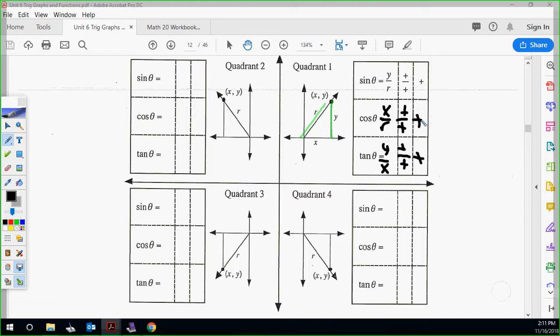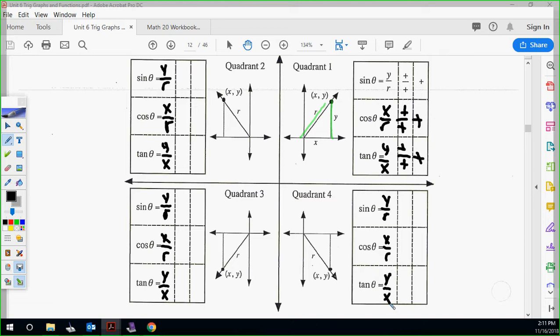I'm just going to go through and write these ratios so we don't have to keep doing it. Okay, so there's all the ratios.